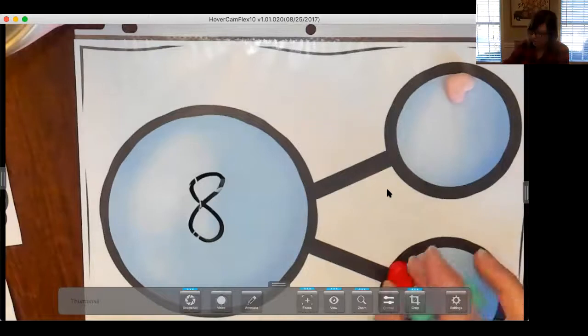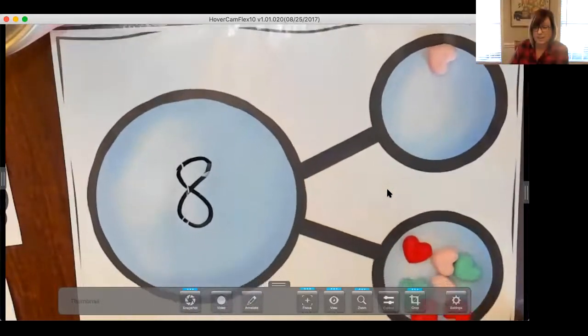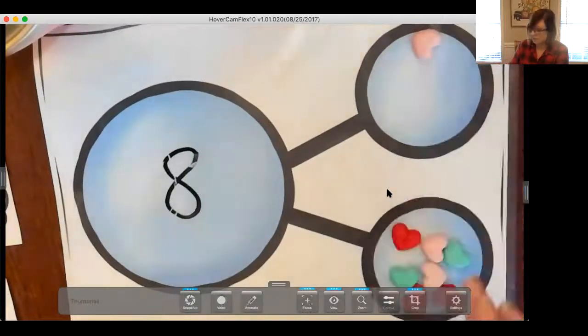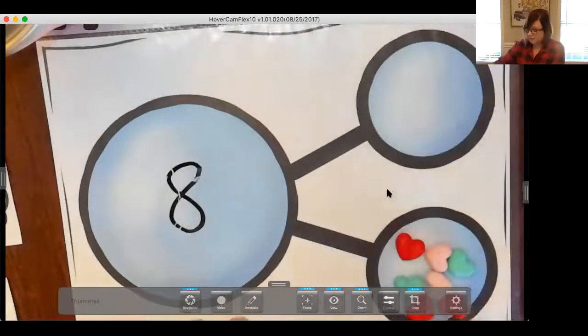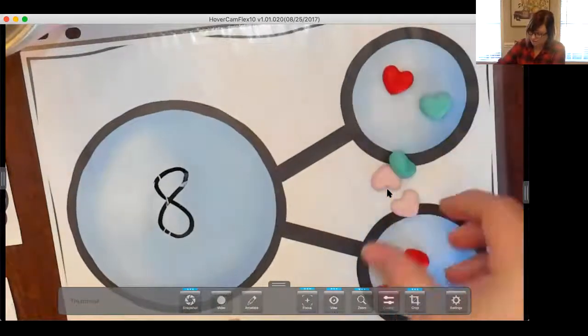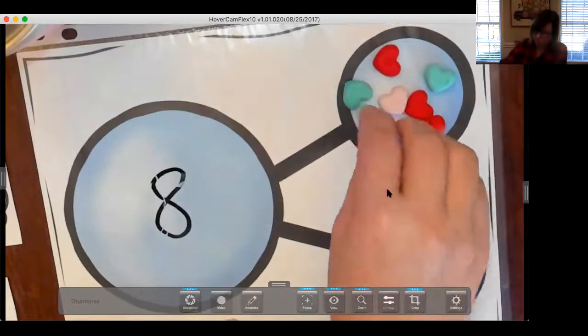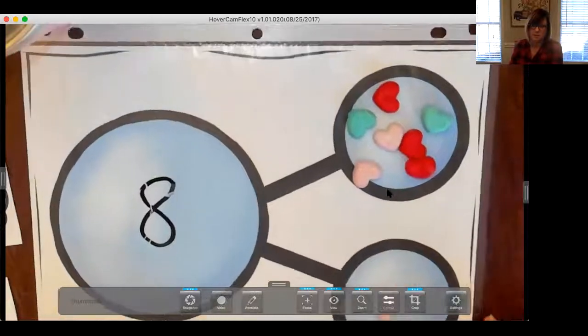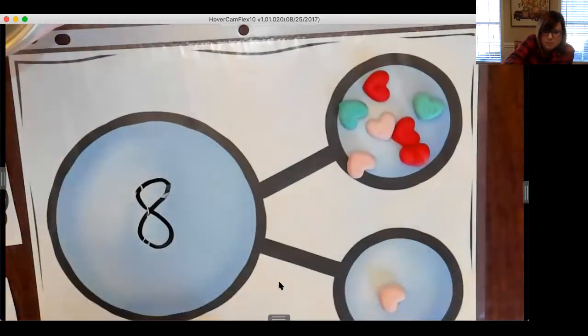How many are down here? 7, good. So we have 1 plus 7 equals 8. And it's the same thing as saying 7 and 1. So all you do is just flip them around, okay? Good job.